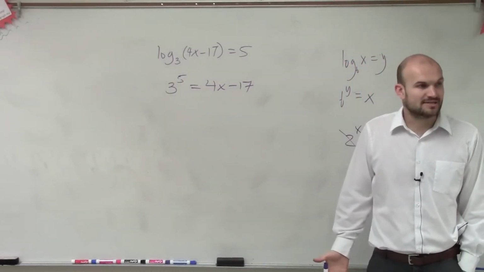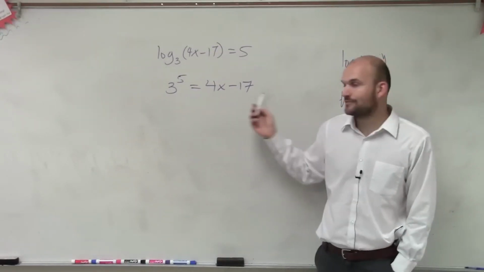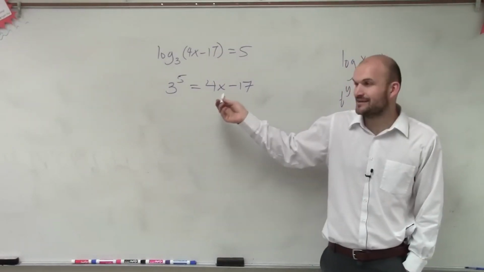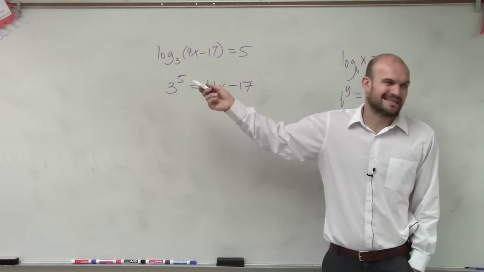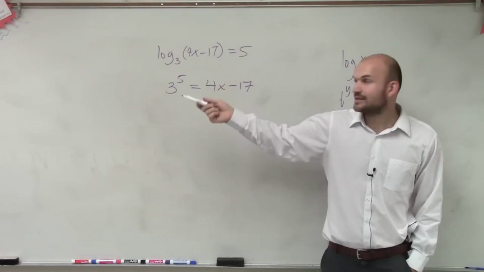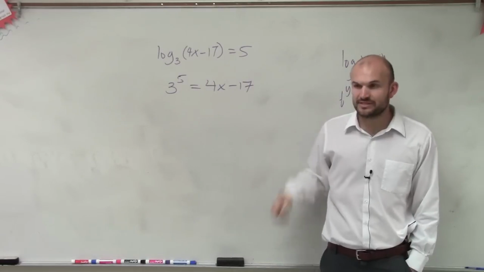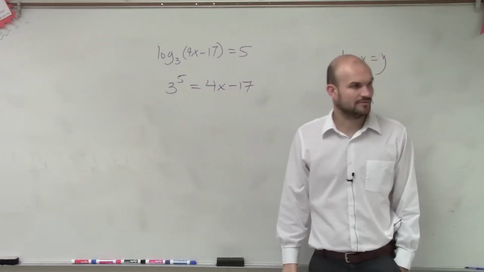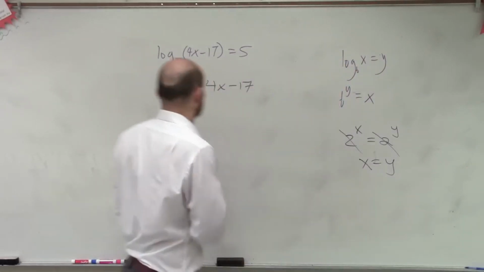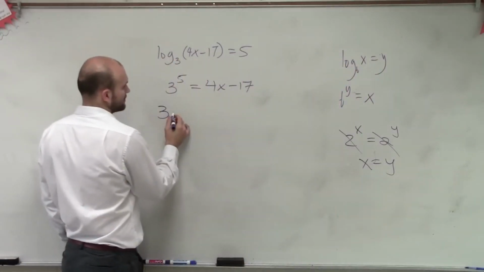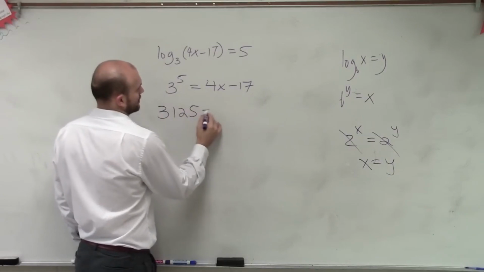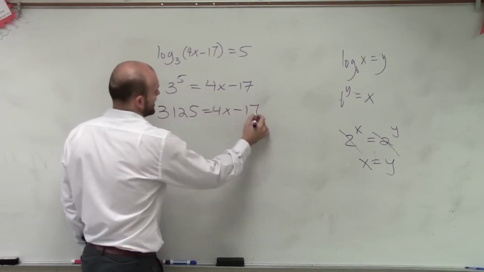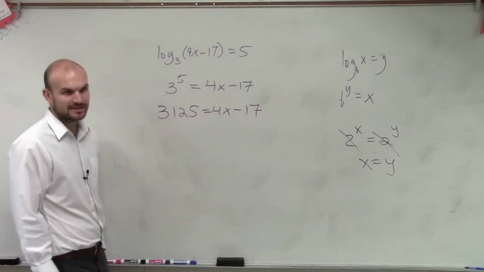So now, how do I solve this, though? How can I rewrite 3 to the 5th power, or 4x minus 17, to the base 3? No, that's not going to work, right? But can I evaluate 3 to the 5th power? Yeah. So somebody has a calculator for me? You're the man. 243 equals 4x minus 17. Now can I solve a problem like this?